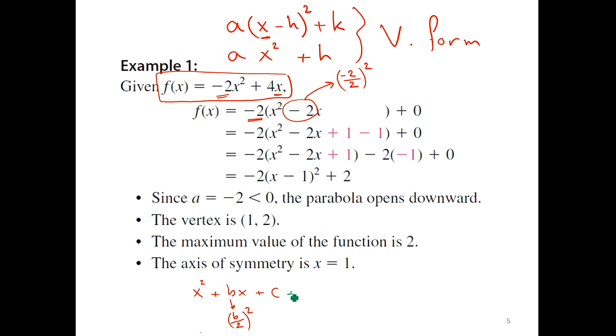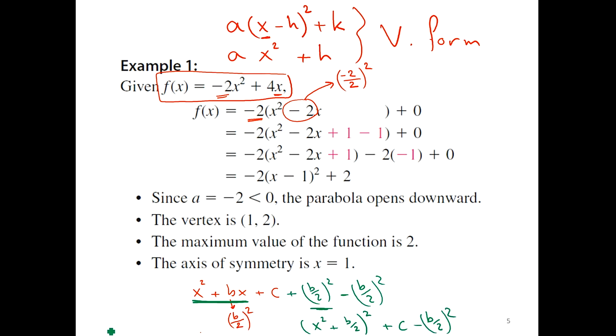We can add b over 2 square and subtract b over 2 square. Take this one with this one, 2 terms, we have 3 terms. This is the complete square. So we can put it as x plus b over 2 all square plus c minus b over 2 all square, like this.